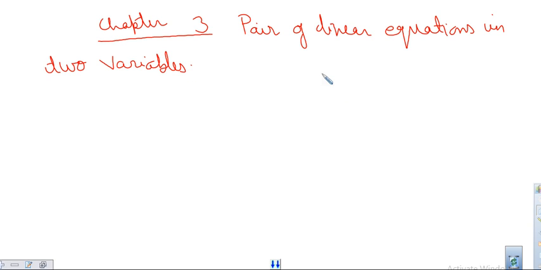Until now you have learned that when you plot the graph of a pair of linear equations in two variables, the graph comes out to be of three types: either intersecting like this, or coincident, which means two overlapping lines, or parallel.